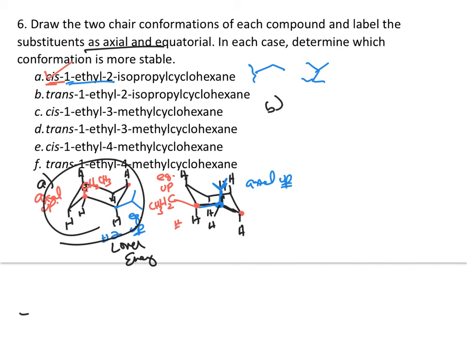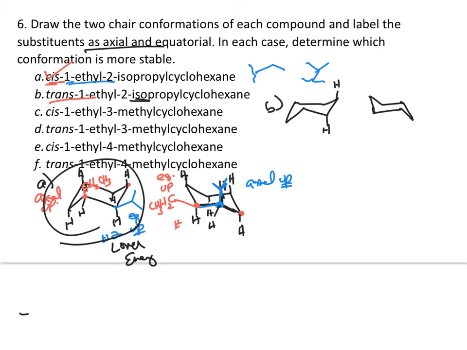Okay, so for B, go ahead and draw your flipped chair. And then we're going to draw in our hydrogens. I'm not going to draw all of them, I'm just going to draw a few of them. So that's axial up. So we want 1, 2.